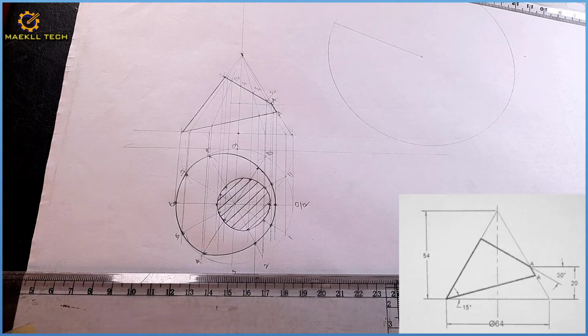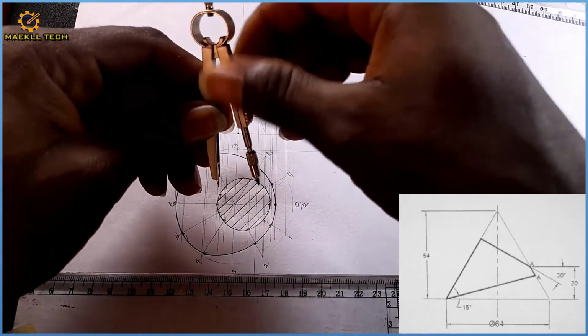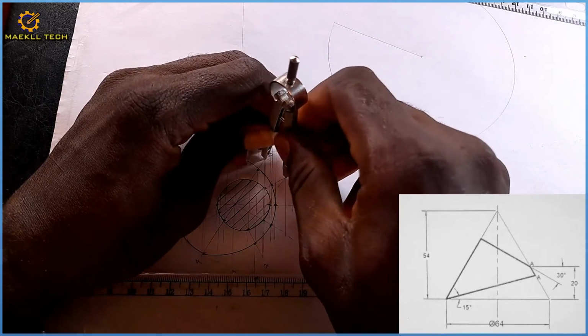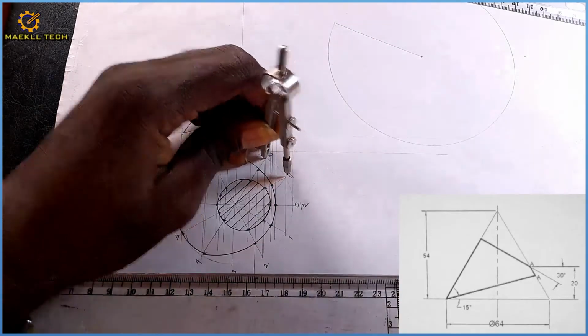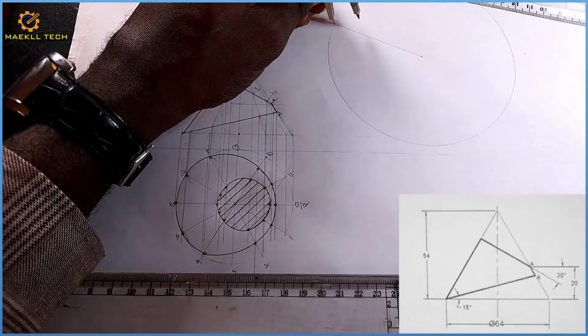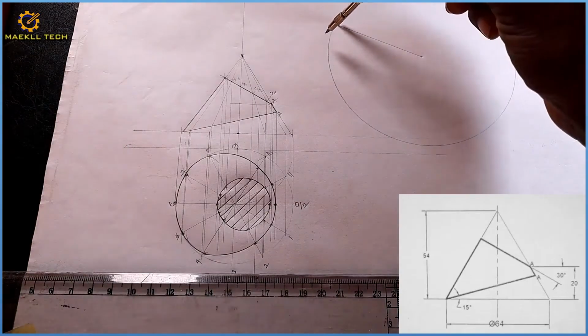I'm going to pick my compass, and pick one of the sectors on the plan right here, either mark 0 to 1, 1 to 2. Then I'm going to replicate it 12 times on this arc which I drew here, to mark out the circumference of that cone.